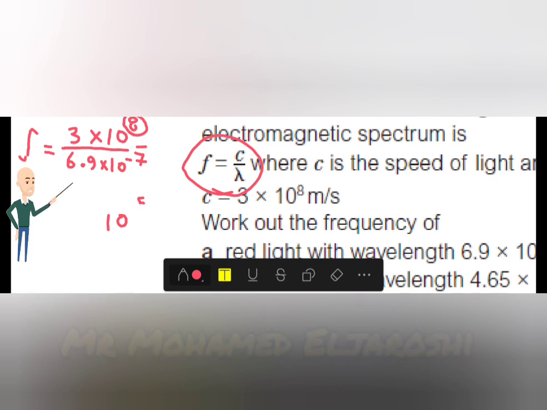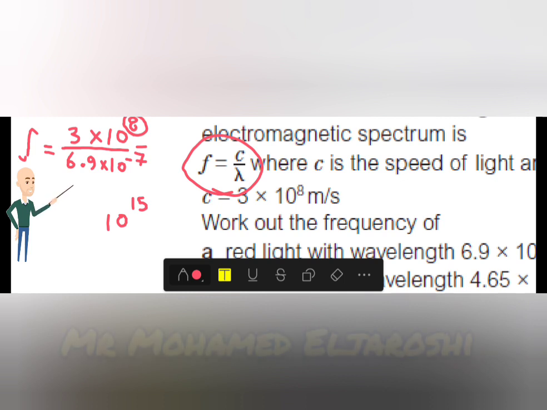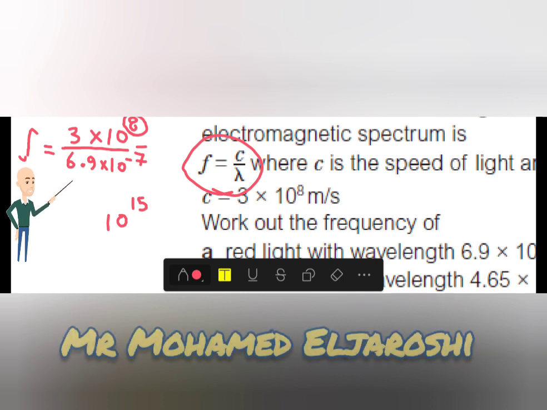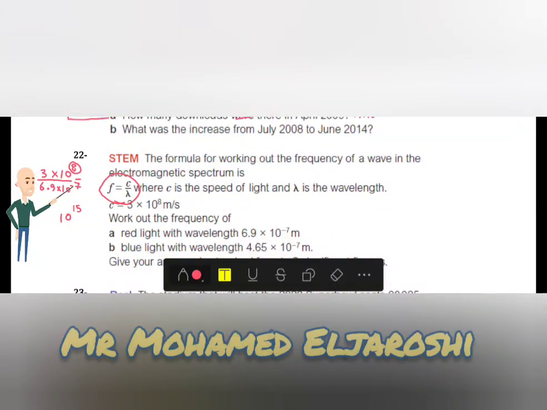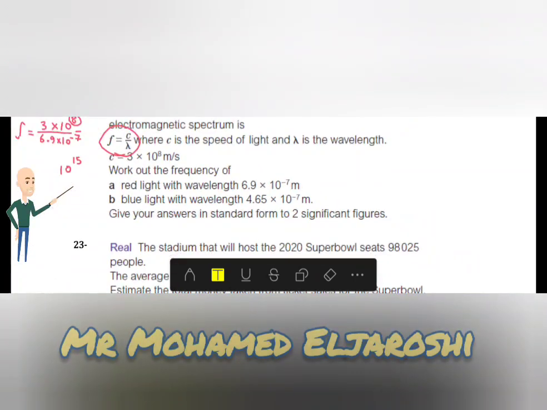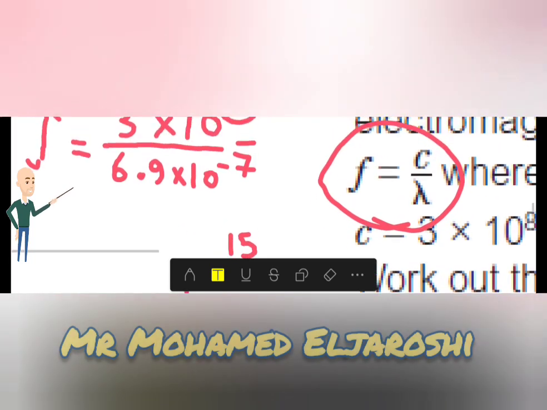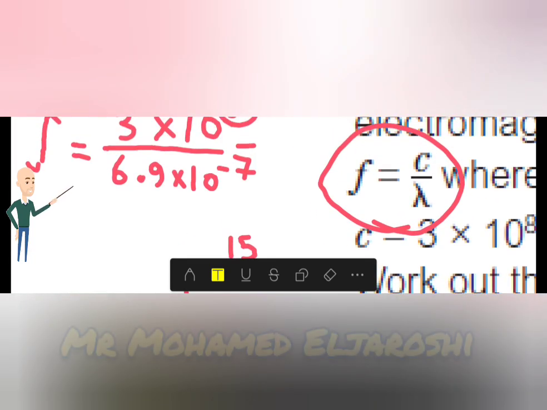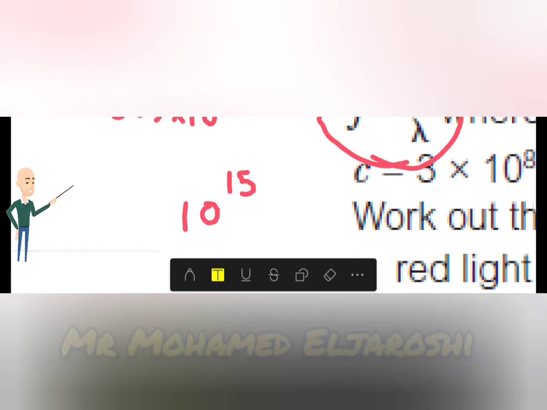Very good. And then as we said, we need 3 significant figures. The question here, wait. Yes, it has to be 2 significant figures, so 2 numbers. So from the answer that we got here, from 3 divided by 6.9, we will write 2 significant figures. So 2 significant figures means what?